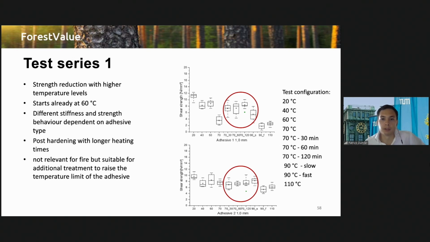It took about 1 hour, and for the fast test at 90 degrees, it was only about 10 minutes. But it can also be said that the post-hardening effect is not relevant for the case of fire, because we don't have slow heating of the specimen there, but it can be suitable as an additional treatment to raise the temperature limit of the different adhesives.